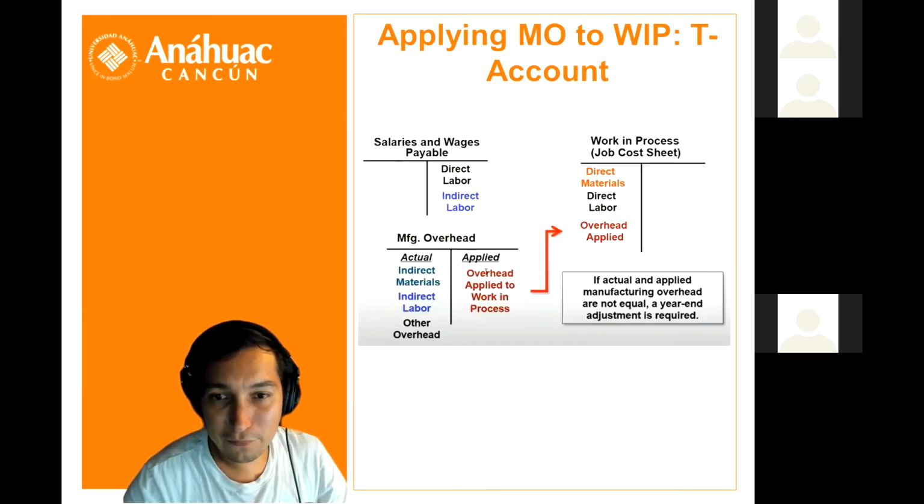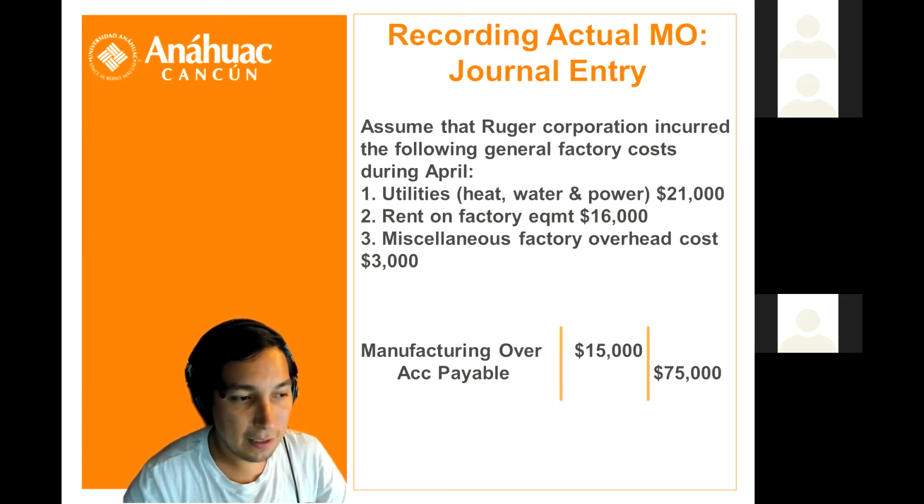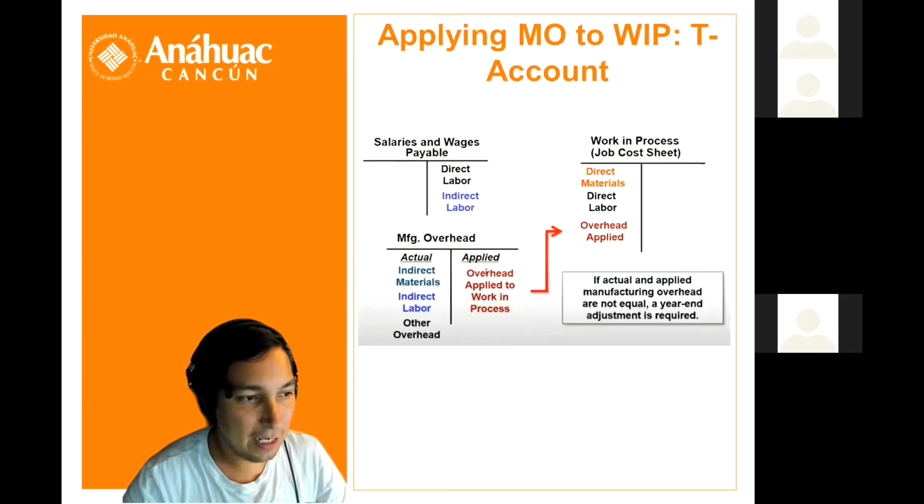So all of these costs, the 21, the 26, the 16, and the 3,000 will be added up in the MO. So now we have a balance of MO, and we have to debit the WIP and then credit the MO, bringing the balance down on the MO account. Remember at the year end, we want the balance in MO to equal exactly 0.